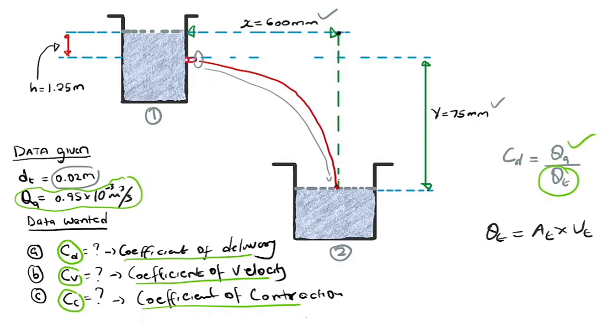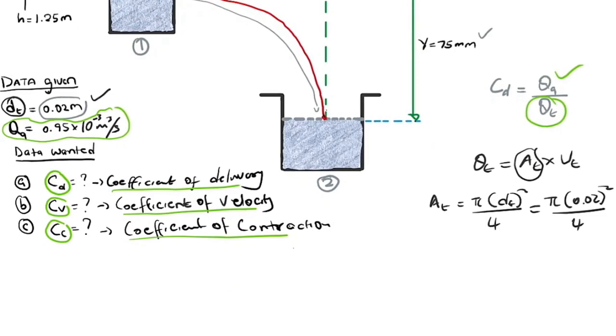You can find the theoretical area from the theoretical diameter. The theoretical area is equal to pi times the theoretical diameter squared, divided by 4.